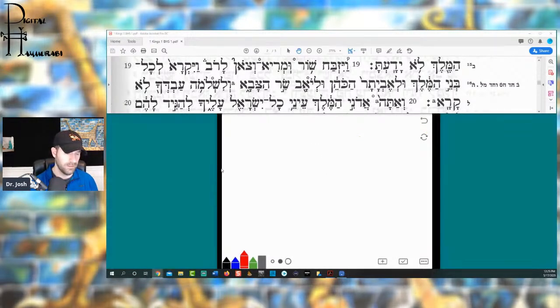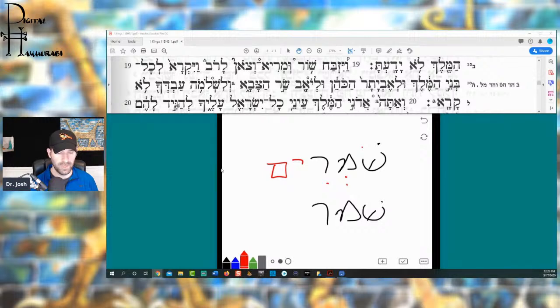Then shomrim, just as we would expect for the masculine plural, and shomerot for the feminine plural, which we would expect as well. So shomer, shomeret, shomrim, shomerot. This is the basic pattern for the kal active participle.